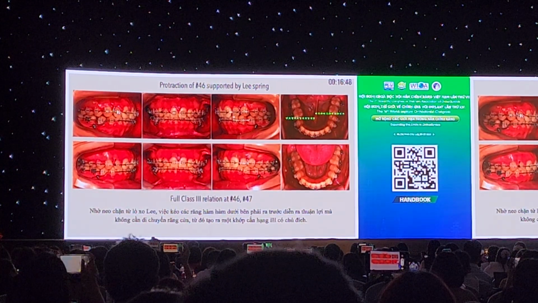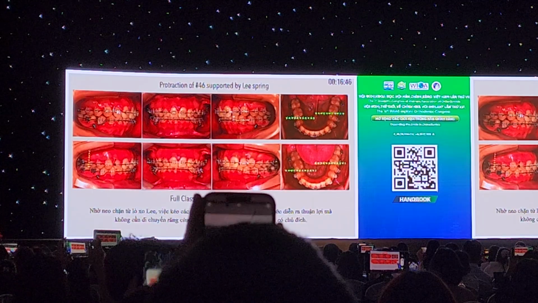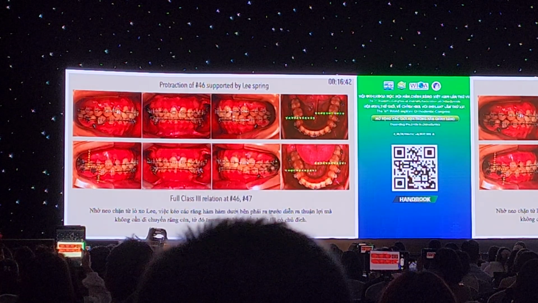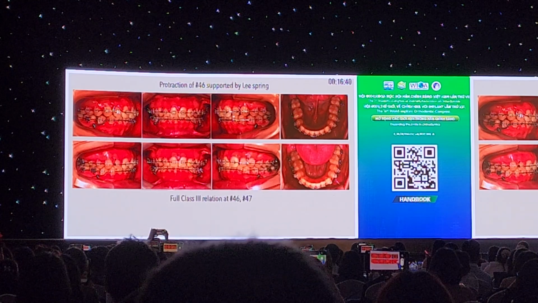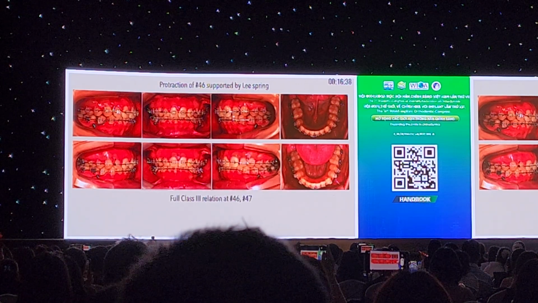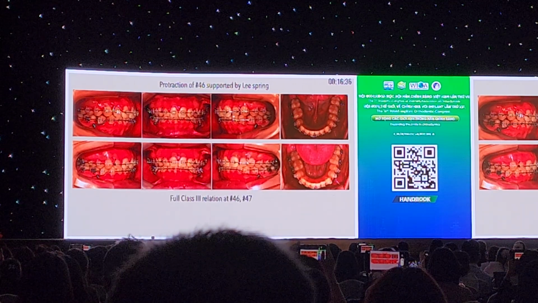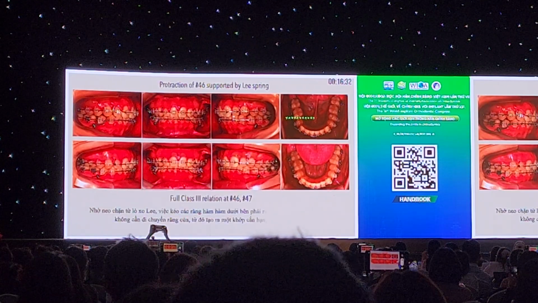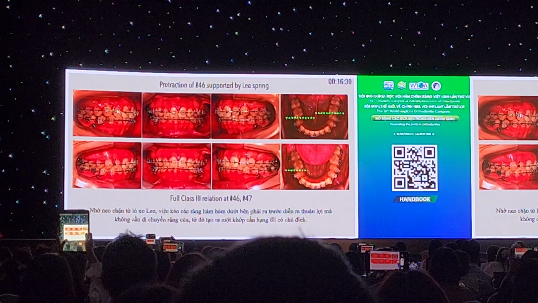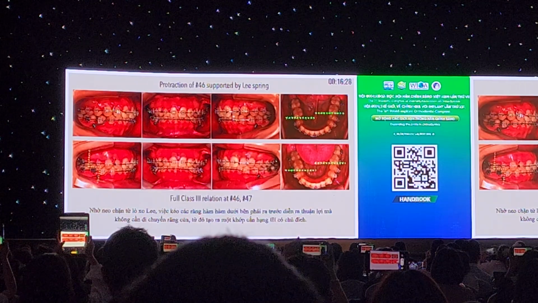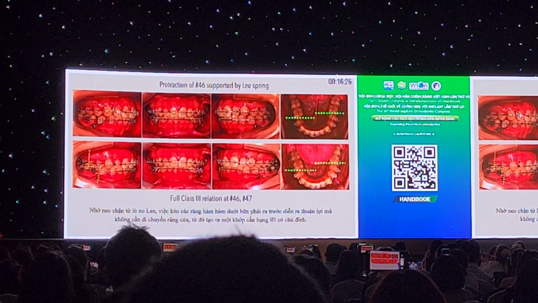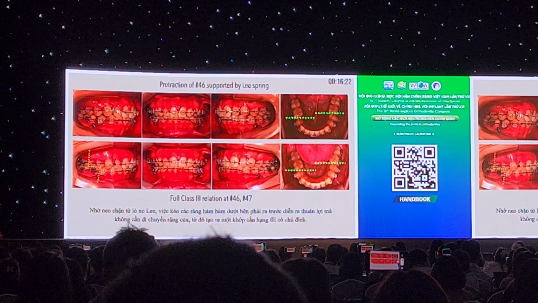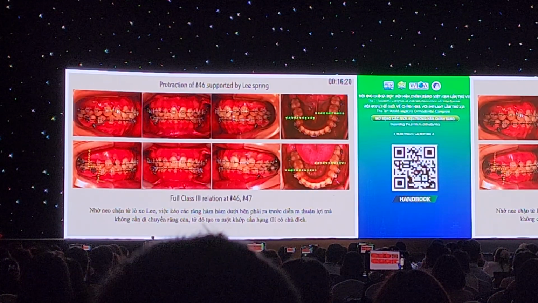Thanks to the anchorage provided by the respring, the forward movement of the mandibular right molar progressed smoothly without requiring any movement of the incisors, leading to the formation of an intentional full class 3 molar relationship.